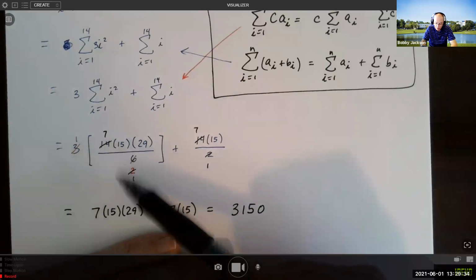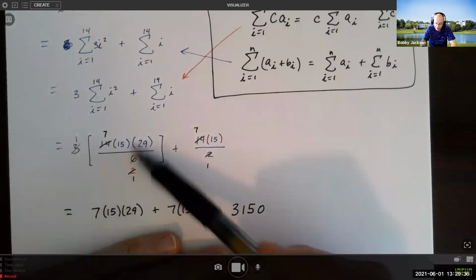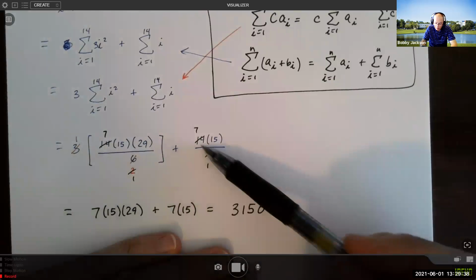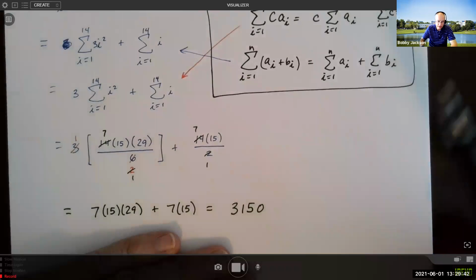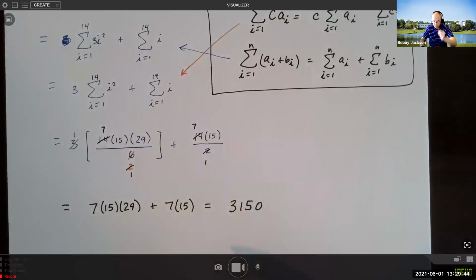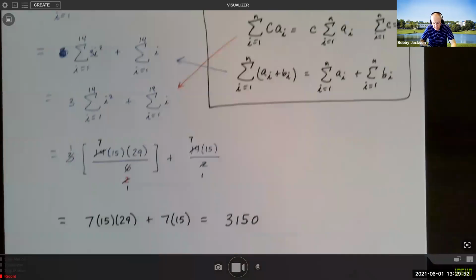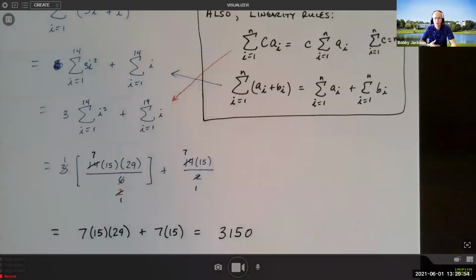So 7 times 15 times 29 is how this simplifies. And here I can divide top and bottom by 2, and I get 7 times 15. So it just simplifies it a little bit. At any rate, when you do that calculation there, you get 3,150, and that's the actual sum that we get in this case. So this is just getting you used to power sum formulas and the linearity rules.